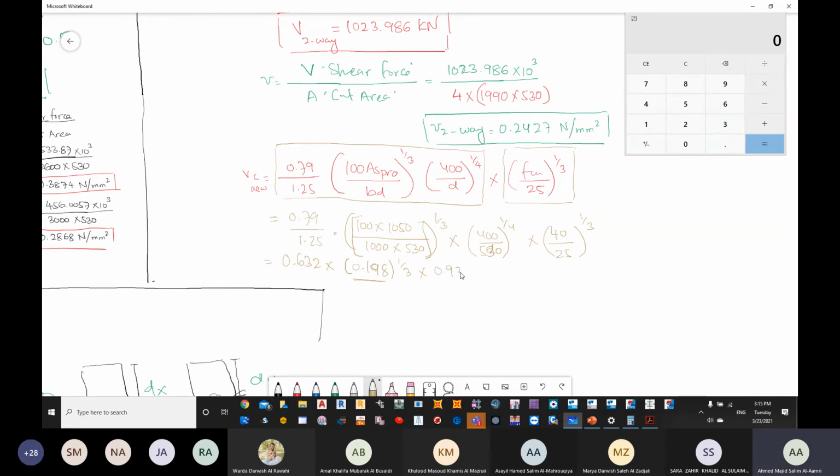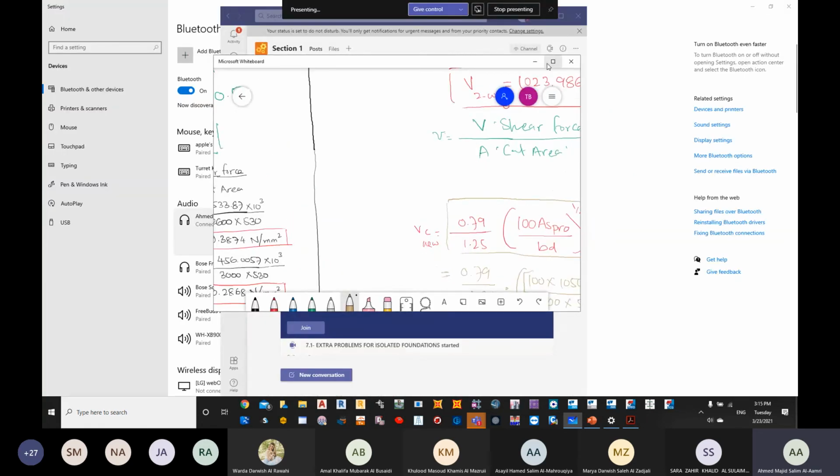Okay, so 0.932. And then can you give me 40 divided by 25 to the power of 1/3? Once again with the power, everything. One point 1696. Okay, no problem.